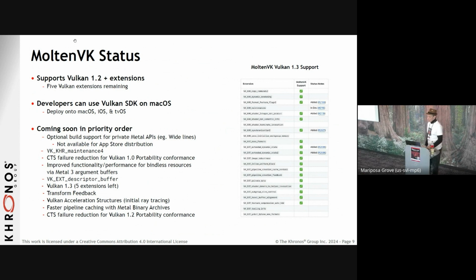And that's where I'm saying we've got 5 more extensions remaining. And you can see on the list on the right, the table on the right, the extensions that are required to go from 1.2 to 1.3 for any platform in the ecosystem. For MoltenVK, we're now down to 5 that we need to fill in order to be able to say we run 1.3 functionality.